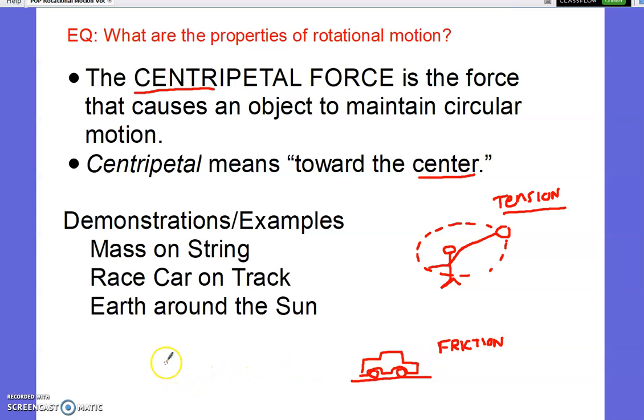In the case of the Earth going around the sun, what prevents the Earth from flying off into space is gravity. Playing the part of the centripetal force in this situation is the gravitational force. So there's always another force acting like the centripetal force.